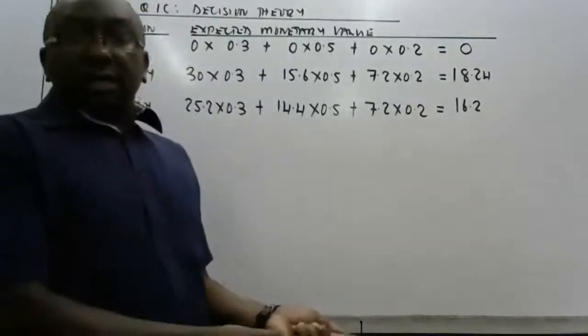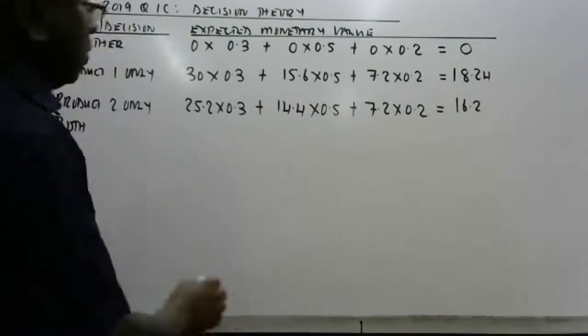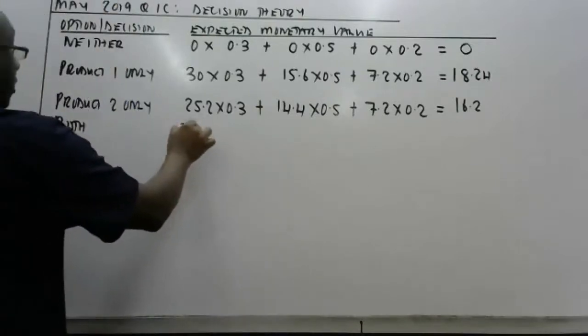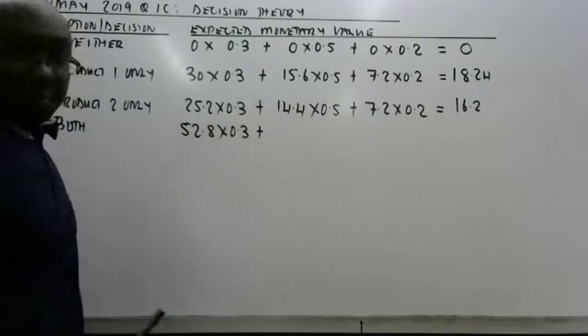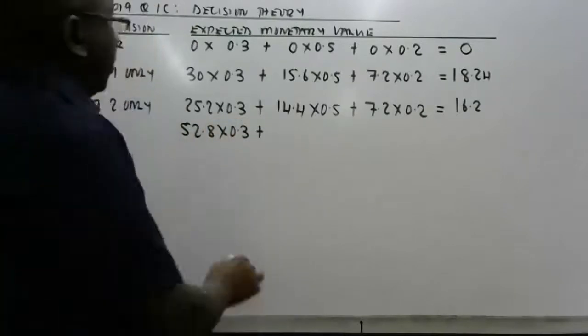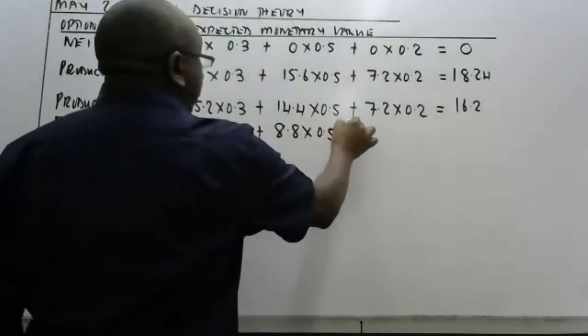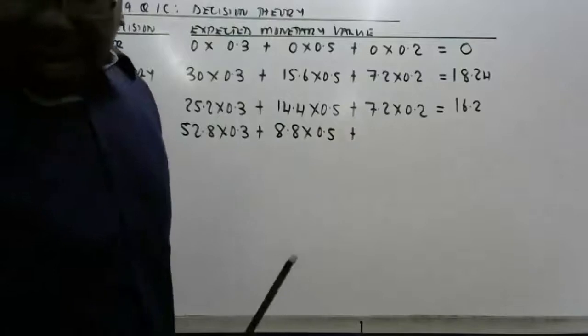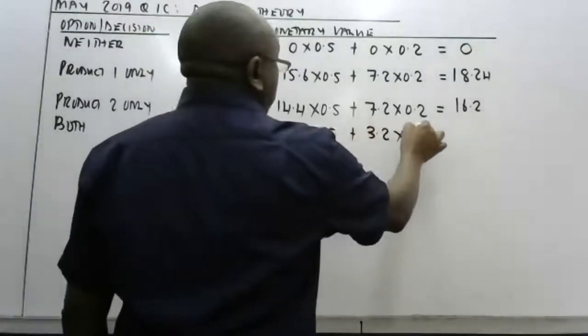Yeah, Jocelyn, good. So the last one is both. For both, we have 52.8 times 0.3, plus 8.8 times 0.5, plus 3.2 times 0.2.